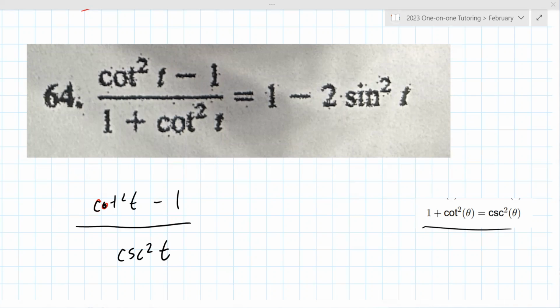Hang on, let me just write this out. So 1 plus cotangent squared theta equals cosecant squared theta.